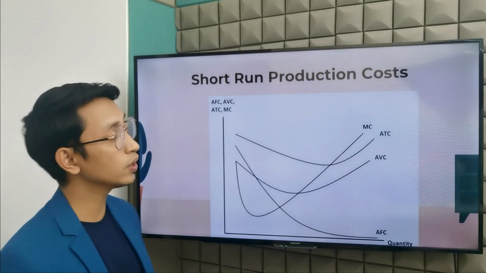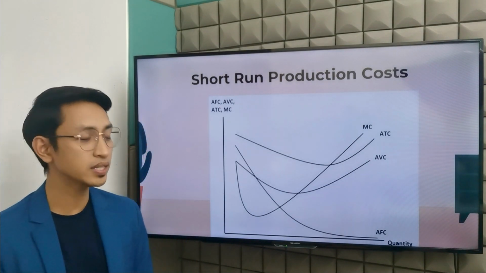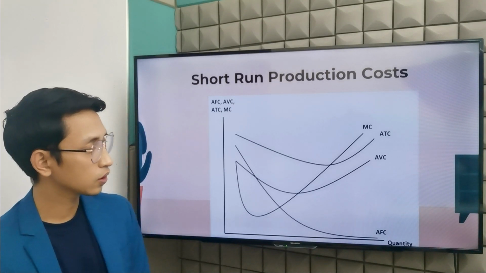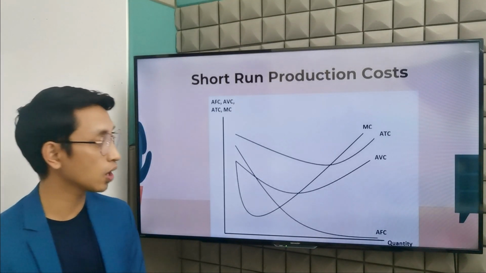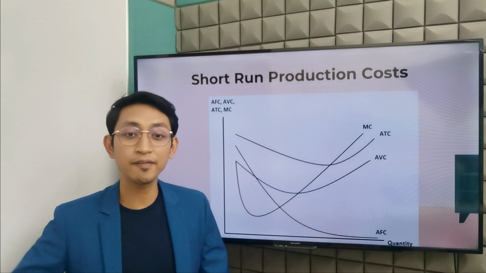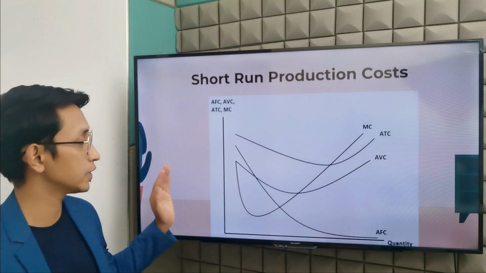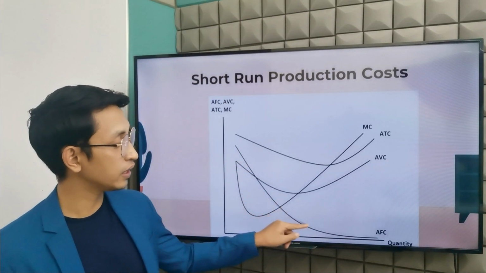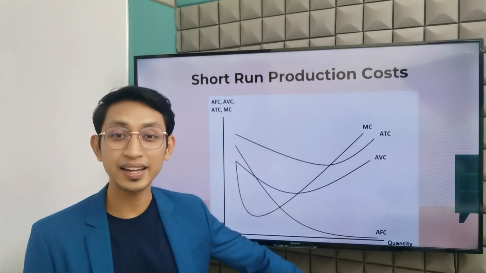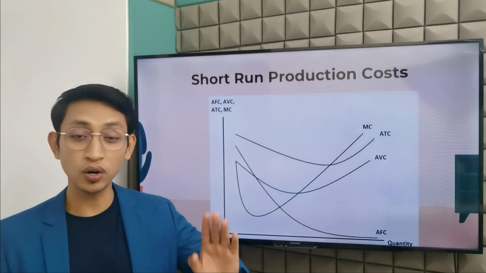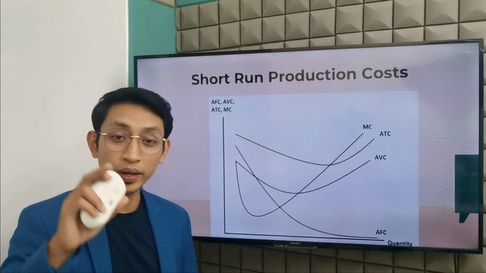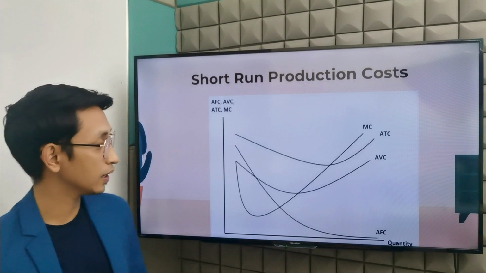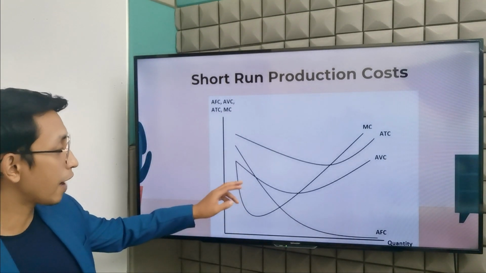So guys, if you were to illustrate your marginal cost curve, average total cost, average variable cost, and average fixed cost, the shape will become like this. Average fixed cost is declining and approaching the x-axis, and it will never become 0, but the number will keep declining. And what happened to average variable cost?